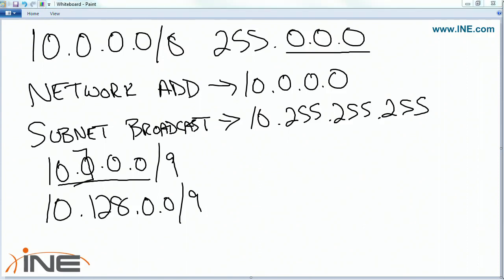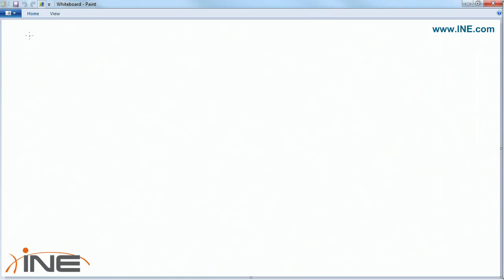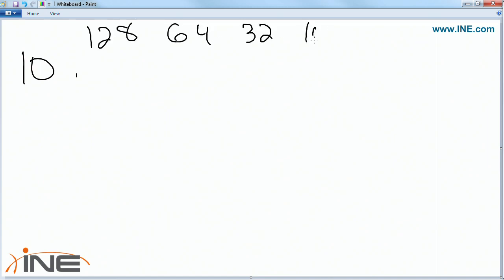So here we borrowed one bit, which means in the first octet we're still going to have 10. But in the second octet, when we look at this bitwise, or in binary, it means that this value here is now for the network. So the subnet broadcast is going to be when all of these are set to a 1.